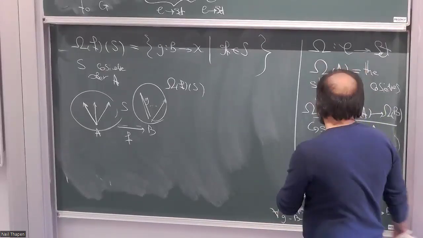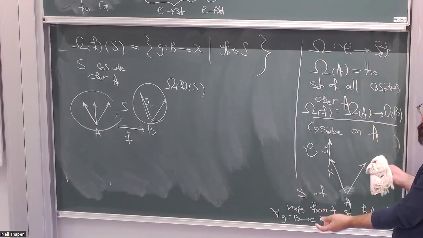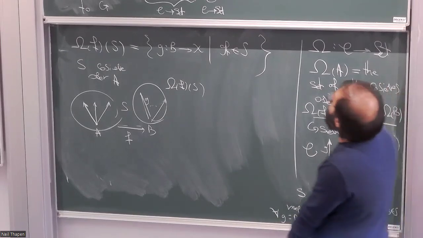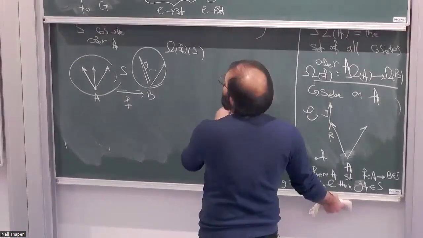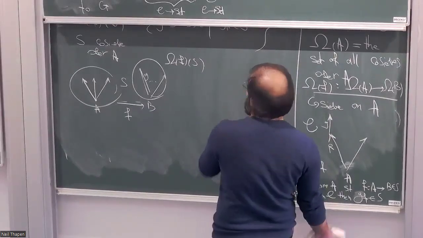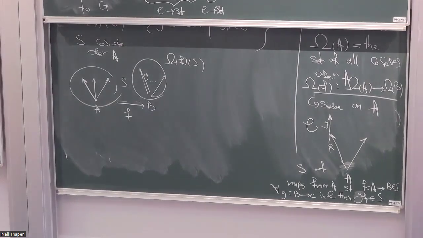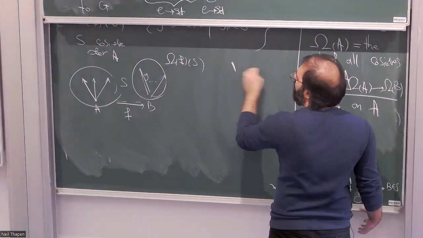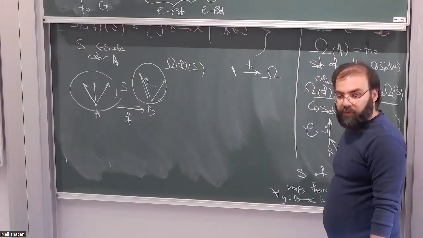So it's a function, and somehow it encodes all the truth values in that category, and that's kind of weird. So I want to explain now why. Also I have to say that you need one map from 1 to omega as your true, and I forgot to say that.